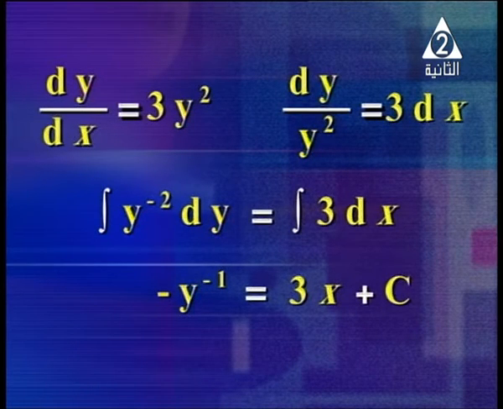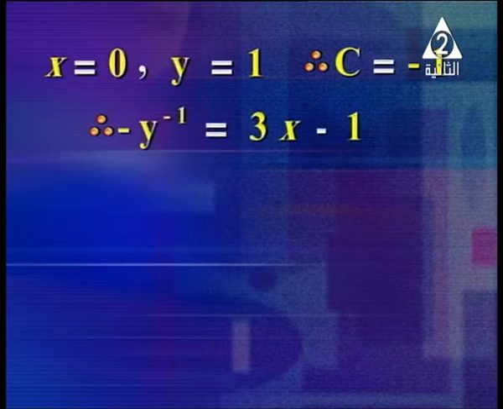Then what is the integration of y to the power negative 2? Negative y to the power negative 1 equals the integration of 3 dx, which is 3x plus c. Then when x equals 0, y equals 1, so c equals negative 1, since the point is 0, 1. By substitution, negative y to the power negative 1 equals 3x minus 1.